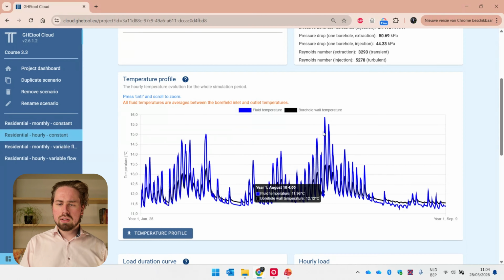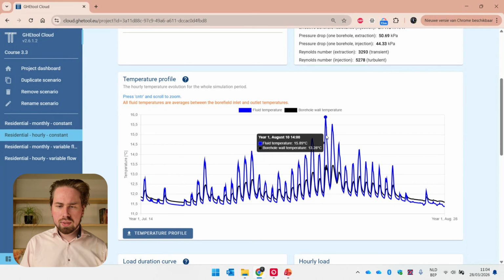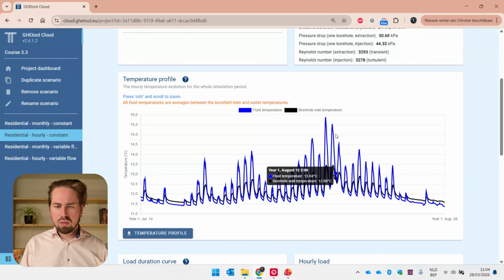One would argue here, okay, when do we cross this 15 degrees? It's like 5 hours in the year, so it would not be that big of an issue. But of course, this is a constant flow rate, and the periods when we have not 77 kilowatts of cooling demand, but we only have 70, for example, chances are we're not that turbulent anymore.